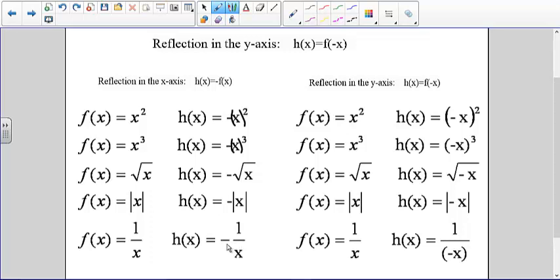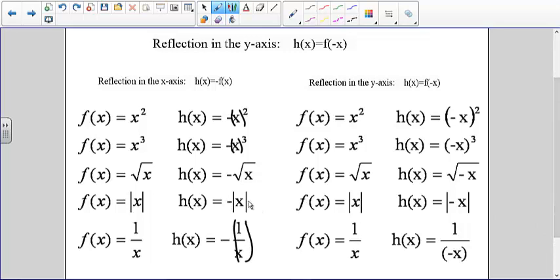Here, it doesn't really matter, because this negative sign, which is outside, if I drew a vertical line like that, I could take that and move it inside with the x, and so whether you reflect across the x or y axis, it basically looks the same.